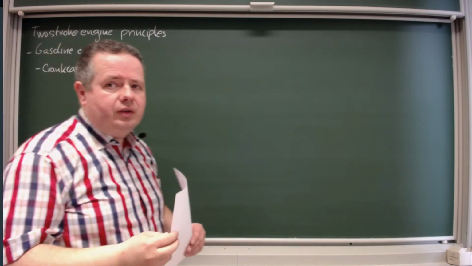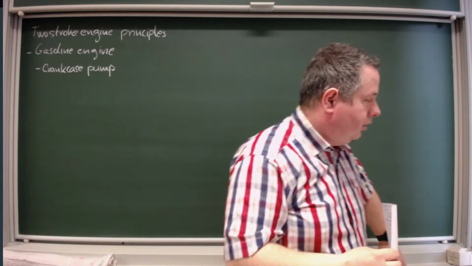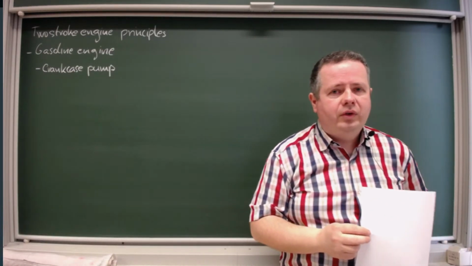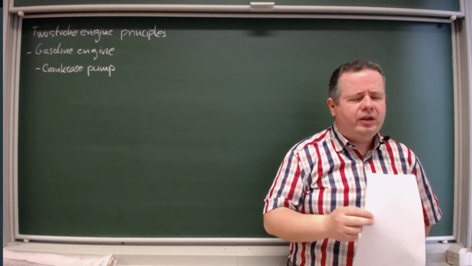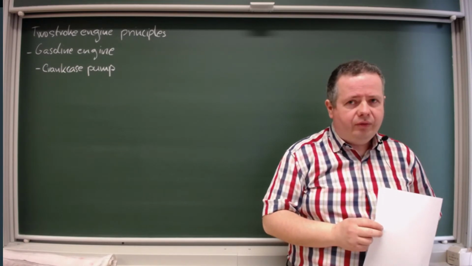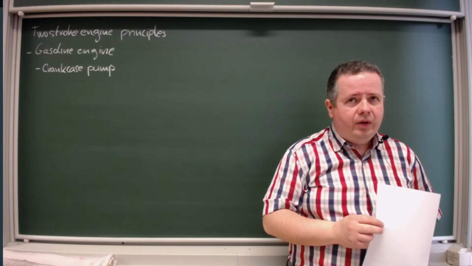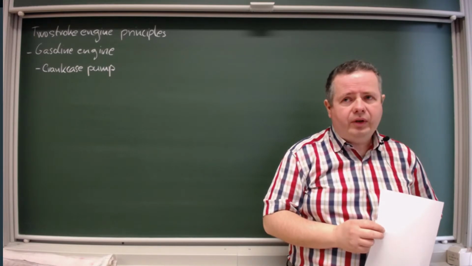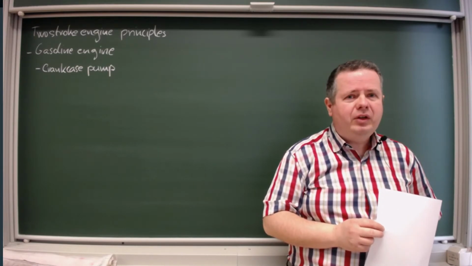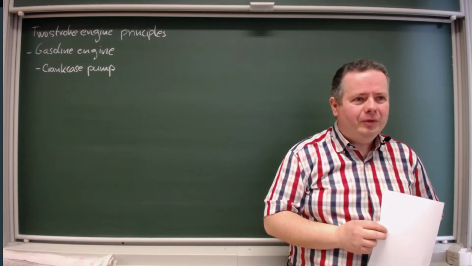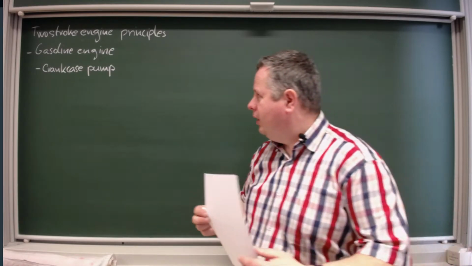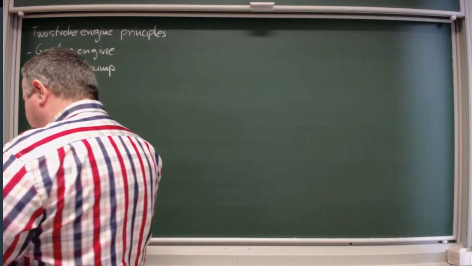So I told you that the admission and the compression should be removed or put in another place for improving the efficiency of the engine, or let's say improving the equation value describing the engine. And for that we use a pump for sure.